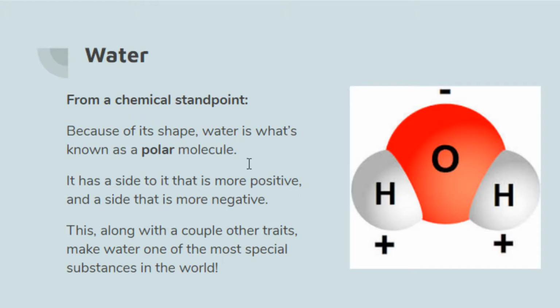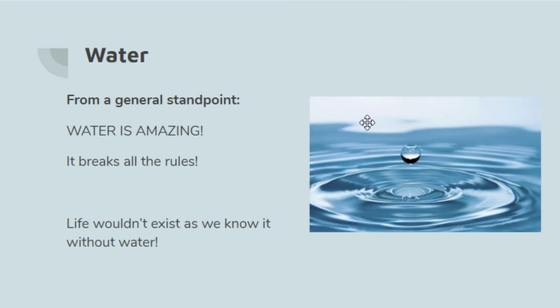And this, along with a couple other traits that we're going to talk about, makes water very, very special, very, very important. From a general standpoint, and I was very excited to make this lecture, water is amazing. It breaks some rules that exist for most things, and maybe life would exist without water, but definitely not in the same form as we know it.